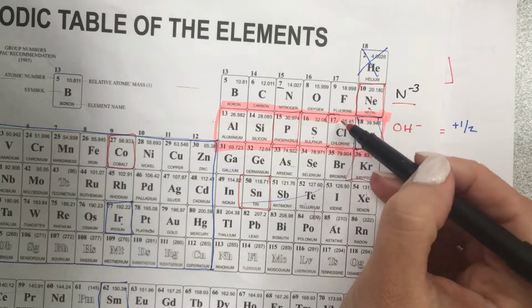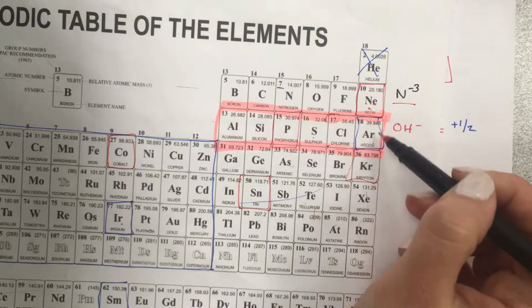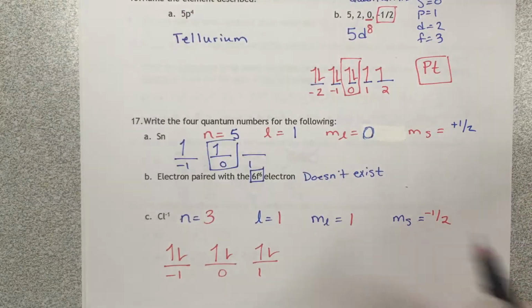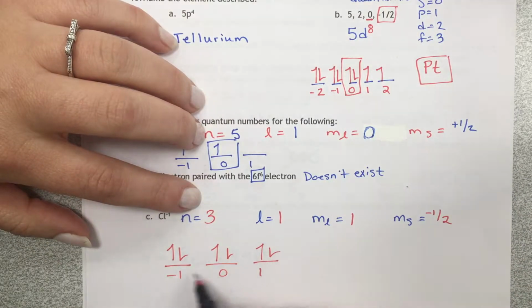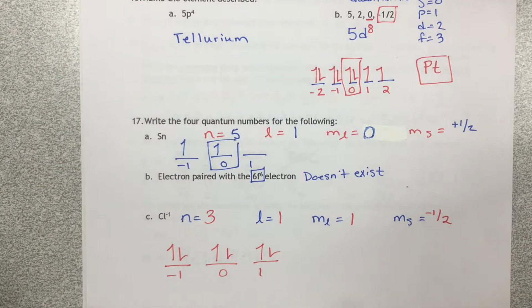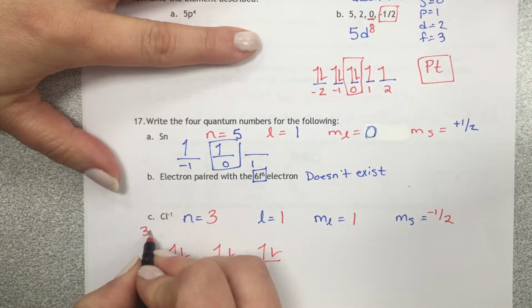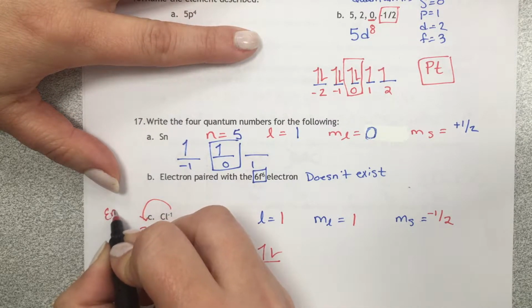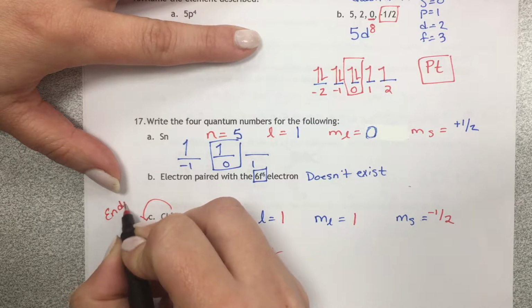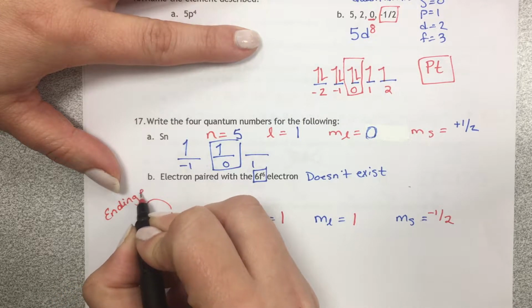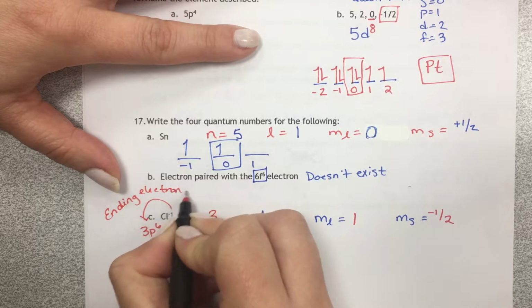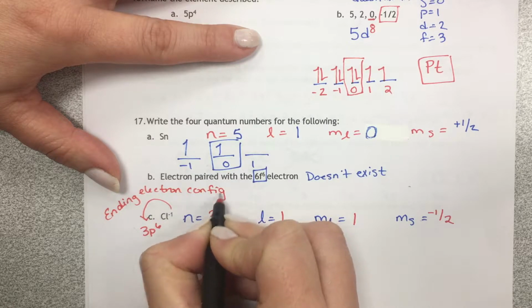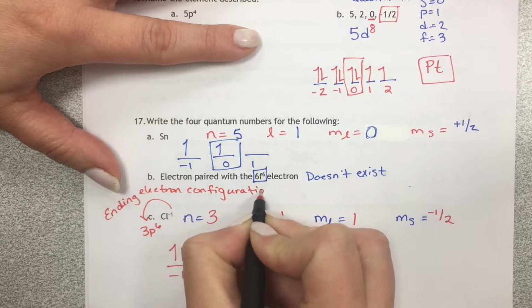Chlorine -1, you would add 1 more electron, so it would be 3p6, okay? So you could think of it that way. So 3p6 is chlorine ion's ending. There you go.